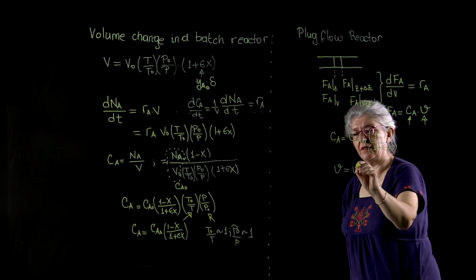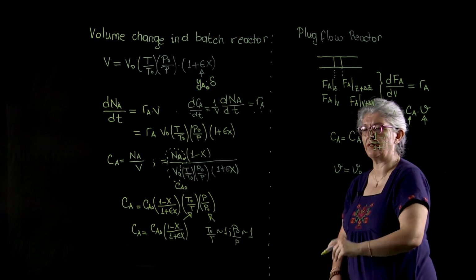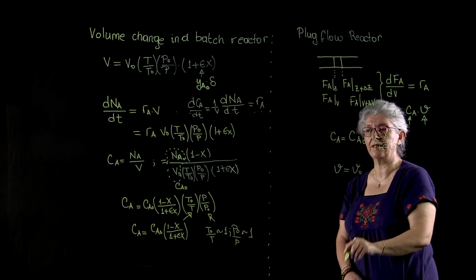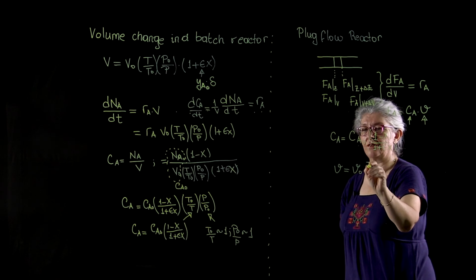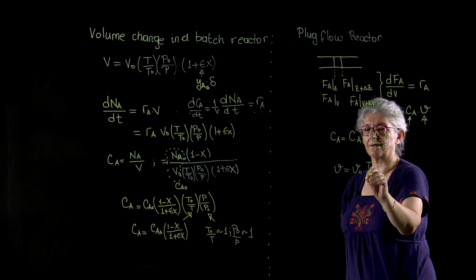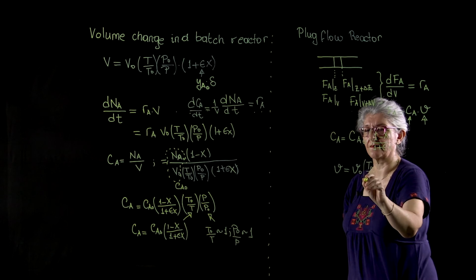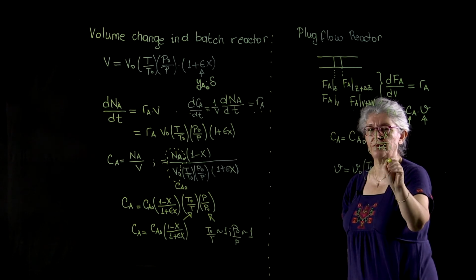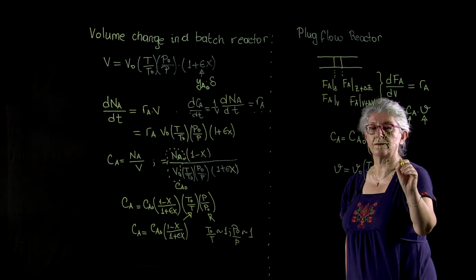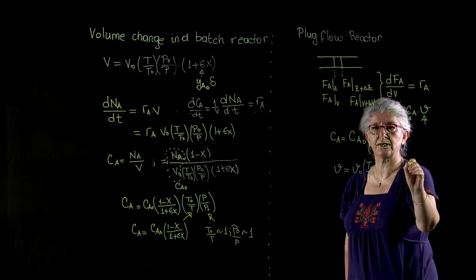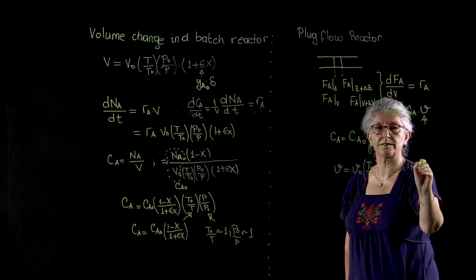It will be V0, volumetric flow rate at the inlet, times T0 over T, P over P0, times 1 plus epsilon x.